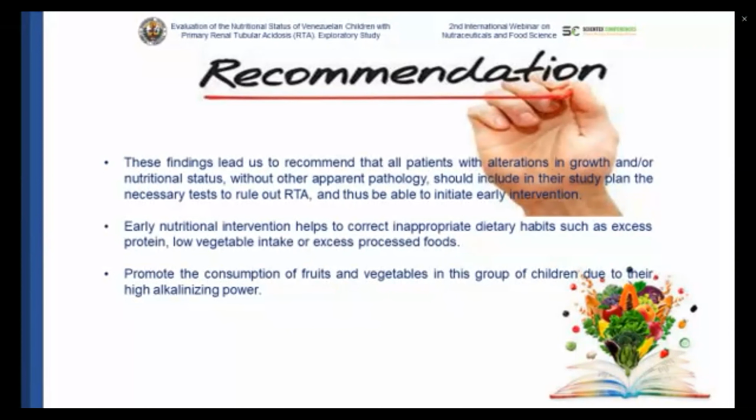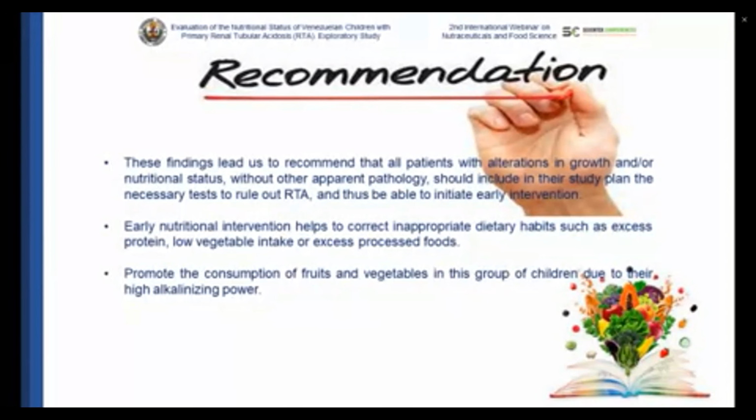Early nutritional intervention helps to correct inappropriate dietary habits such as excess protein, low vegetable intake, or excess processed food. Promote the consumption of fruits and vegetables in this group of children due to their high alkalinizing power.